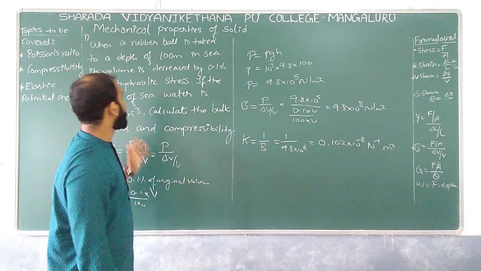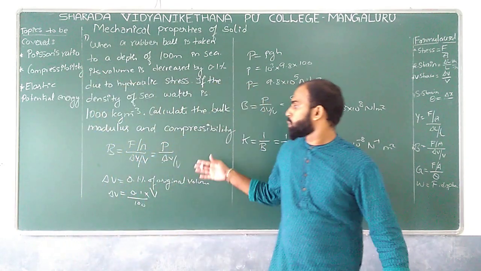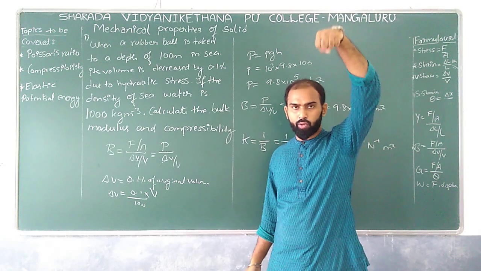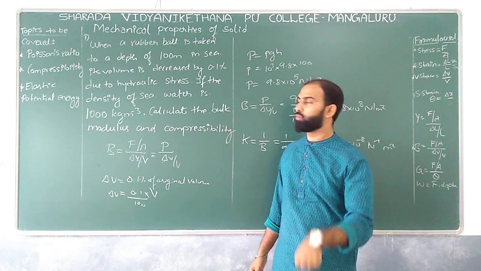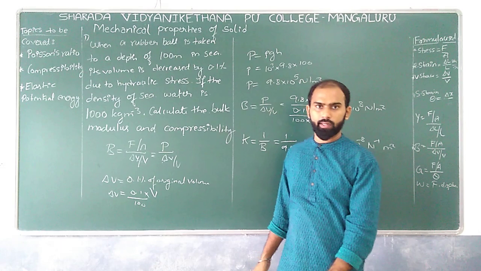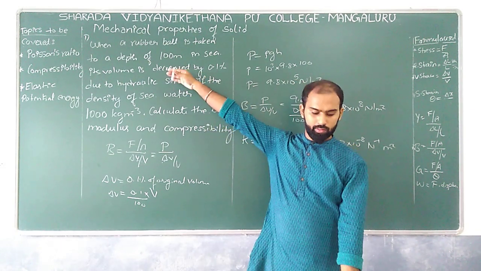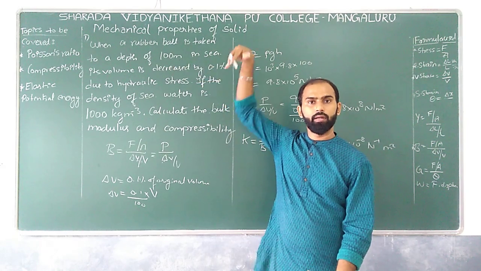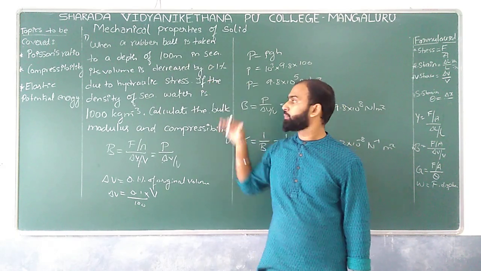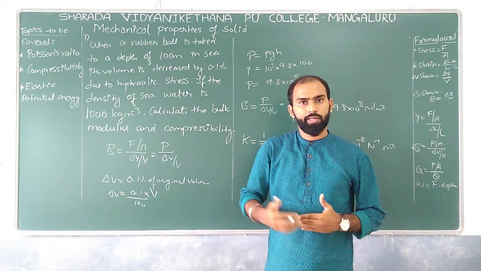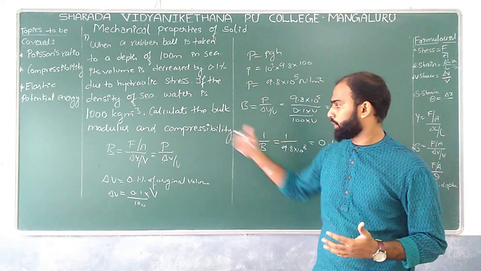Okay. So initially we got the bulk modulus when a rubber ball is moved into sea water to a depth of 100 meters. We know the density of the water is 1000 kg per meter cube, which we substituted over here.